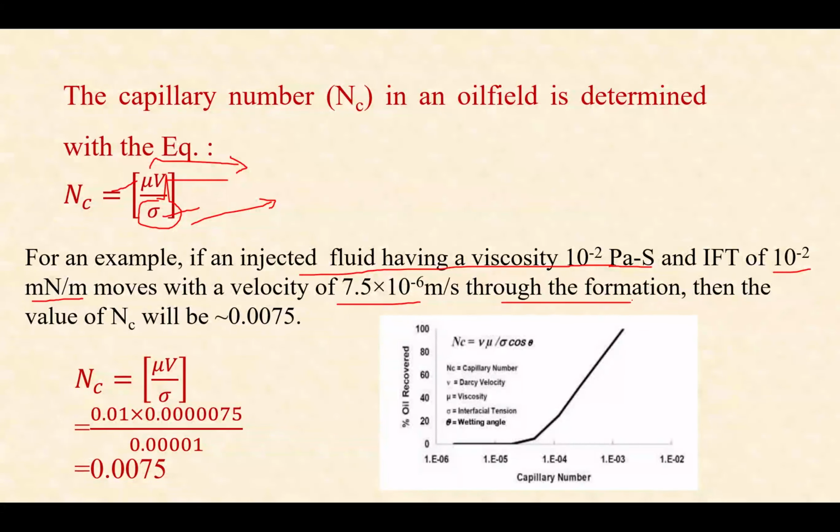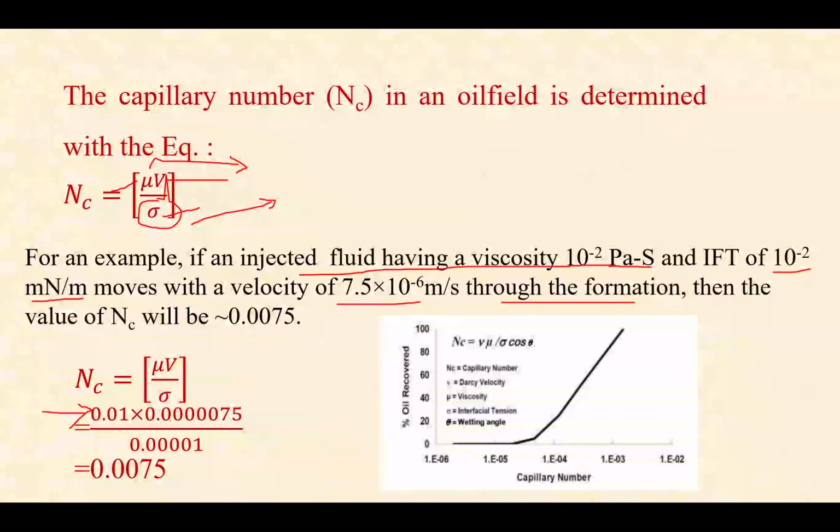So we can use that equation, and if we put the values of viscosity here, it is 0.01, as it is 10 to the minus 2 Pascal second, and the IFT value is 10 to the minus 2 millinewton per meter. So for unit consistency, you have to convert it into Newton per meter.